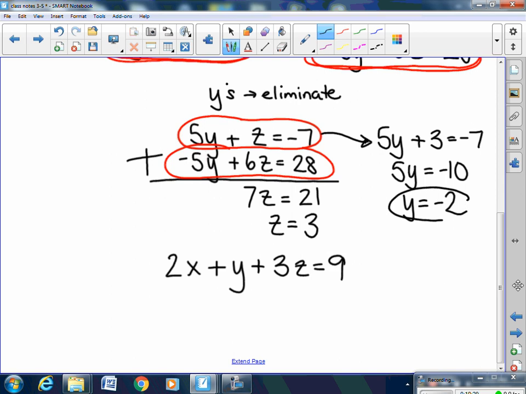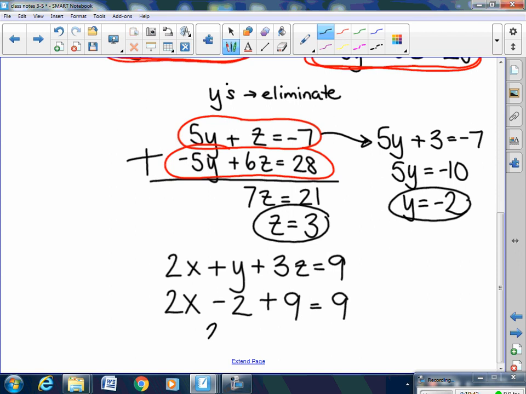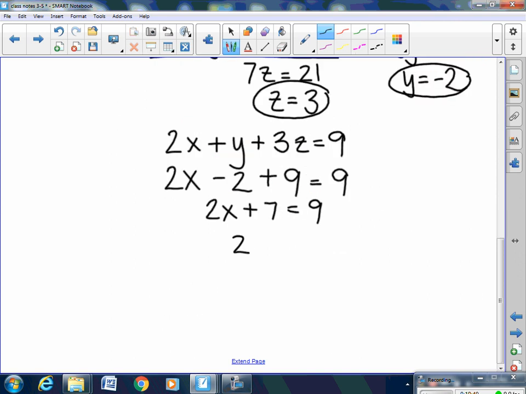In place of y, I'm going to put a negative 2, so that's how I got the negative 2. In place of z, I'm going to put a 3, so that's how I got 9, equals 9. And the only variable I'm still looking for is my x. So I'm going to get 2x plus 7 equals 9. 2x equals 2 because I subtracted 7, and I divide by 2, x equals 1.